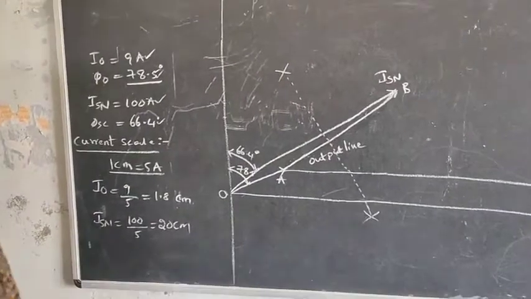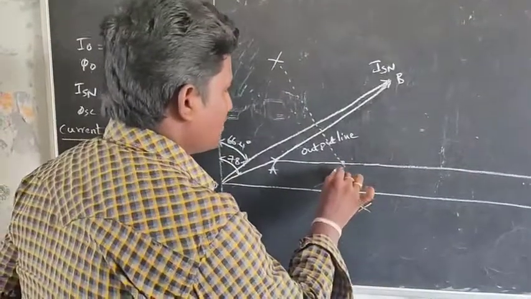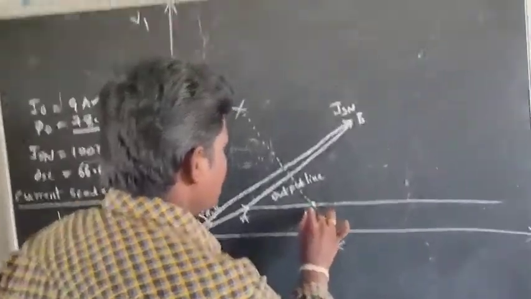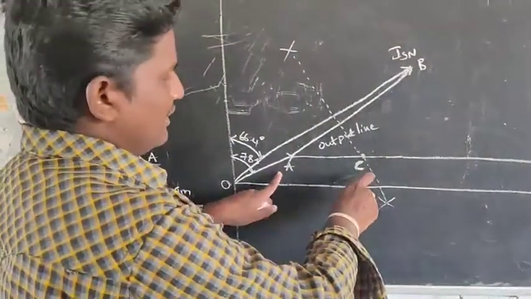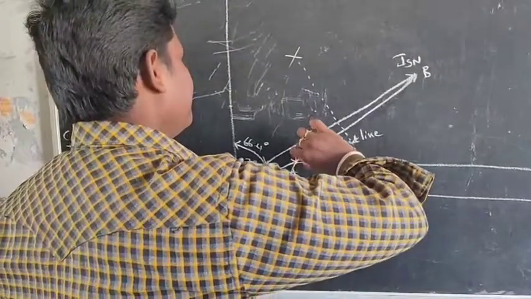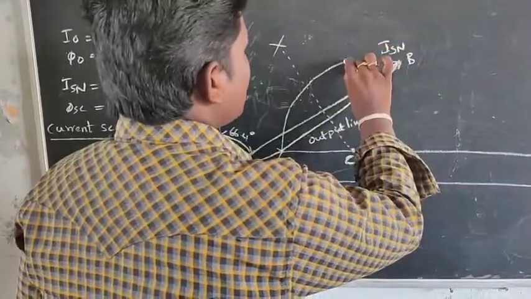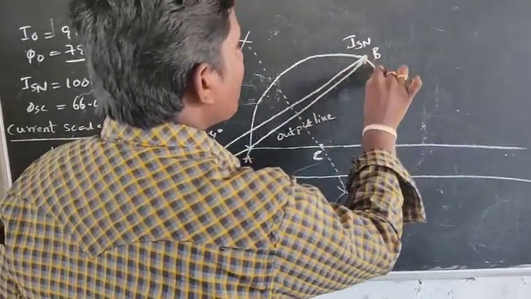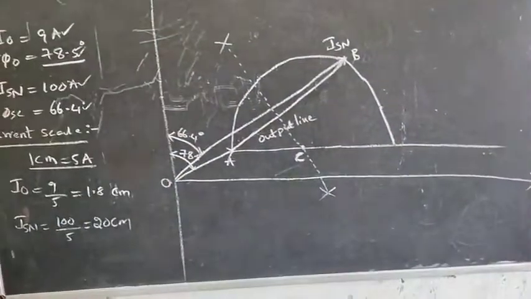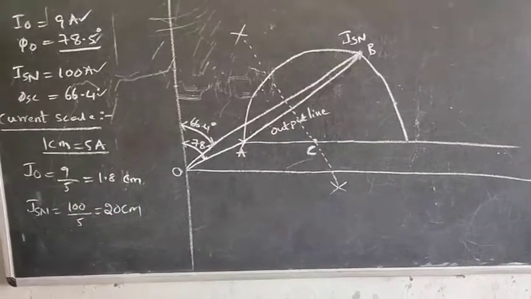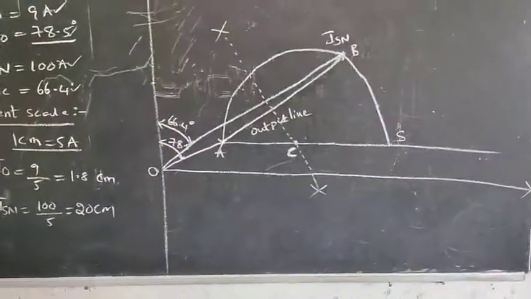That line, we can choose center C. With the radius AC, draw a semicircle that touches a point. We can assume any letters, P, Q, R, S, whatever it may be.